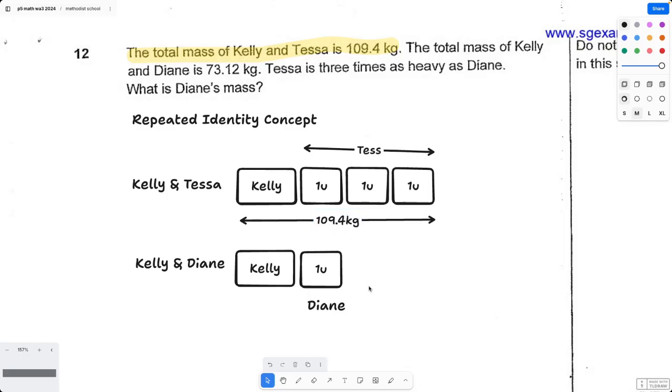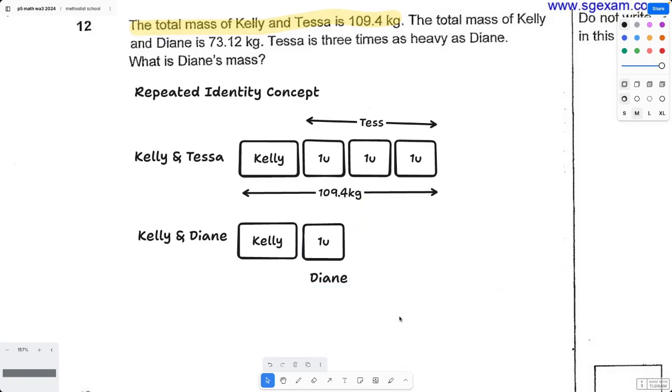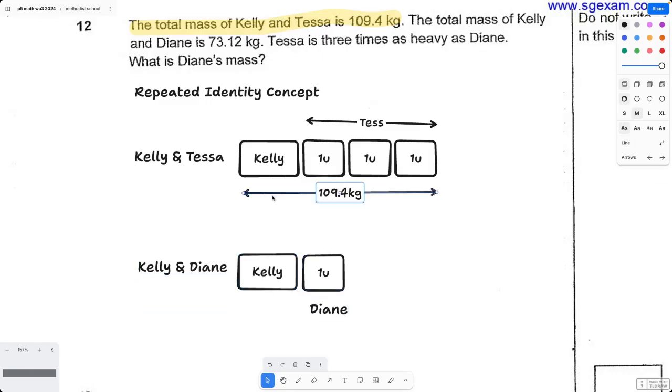And then for the next part, the total mass of Kelly and Diane is 73.12 kilograms. So that means we're going to put Kelly and Diane together as 73.12.